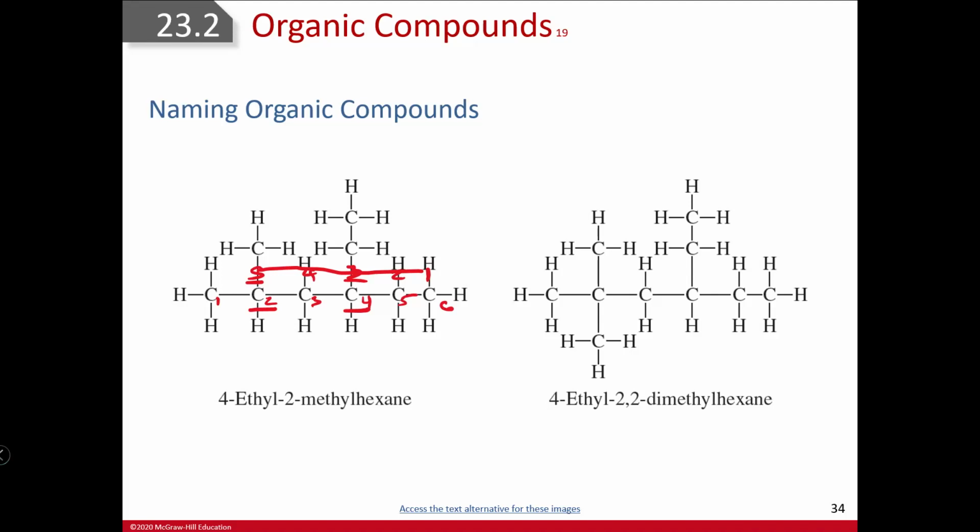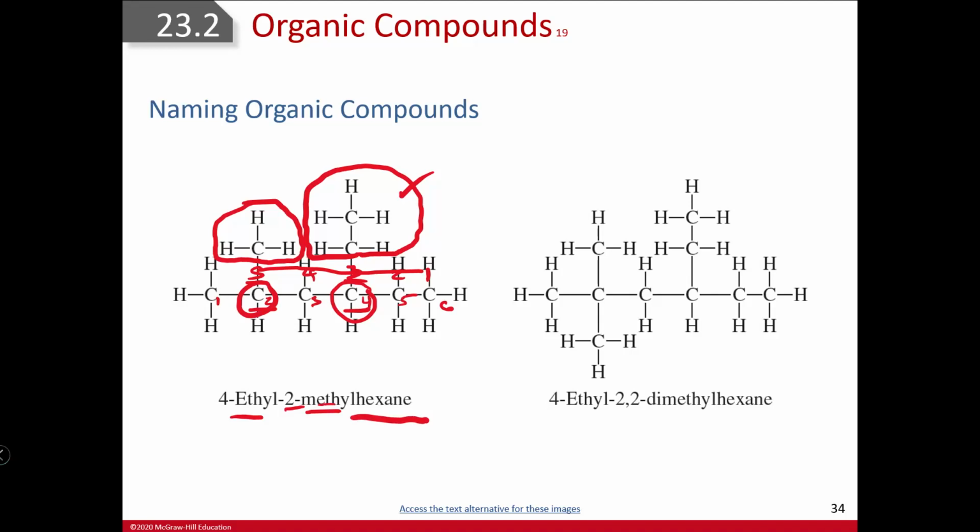It's an alkyl group, 2 carbons long, ethyl, and we got a methyl group here. And what we mean by alphabetized, the ethyl comes before the methyl. So we say 4-ethyl, carbon 4, ethyl, the alkyl group. And then we say 2, second carbon, methyl group. And then the long chain, the backbone of this structure is a hexane. So 4-ethyl, 2-methyl, hexane.